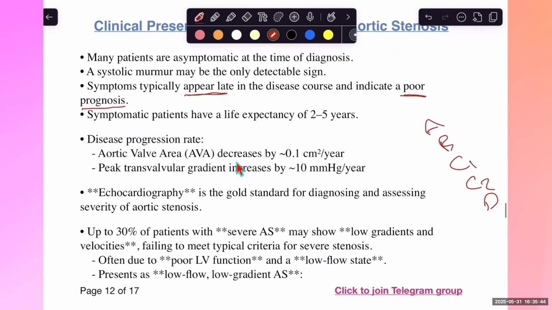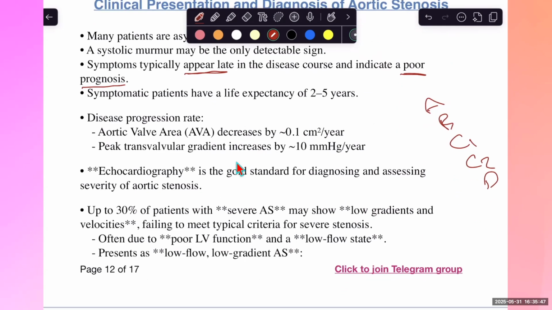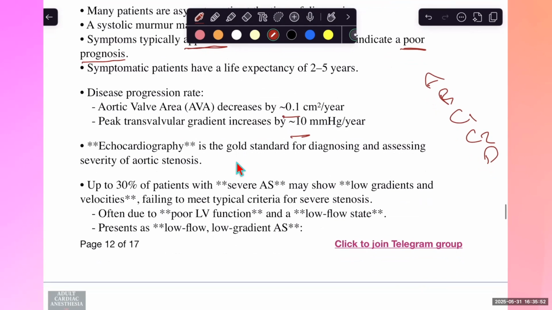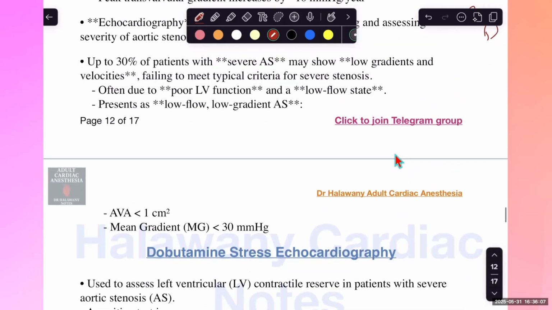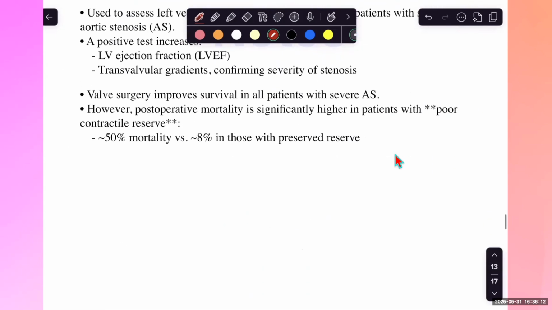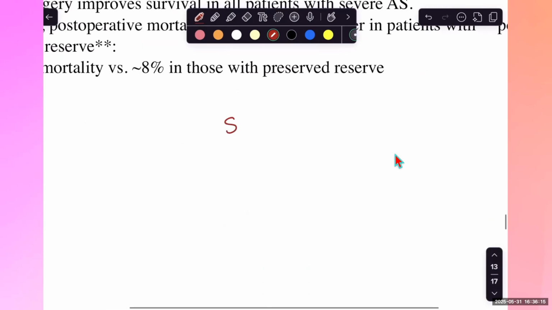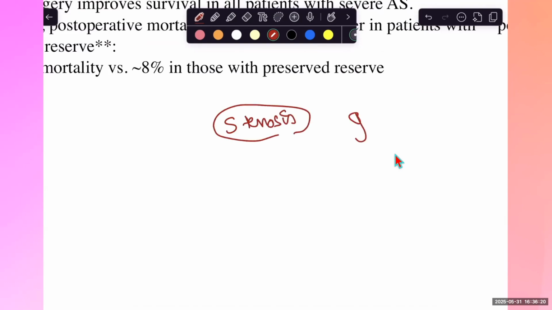Aortic valve area is decreasing by 0.1 per year, and the gradient is increasing by 10 per year. Echo, as I told you, is the gold standard now for the diagnosis. Earlier, they used to do the cath, but not anymore. There is also something they call low gradient, low flow. As we just said, we are measuring the stenosis by measuring the gradient.